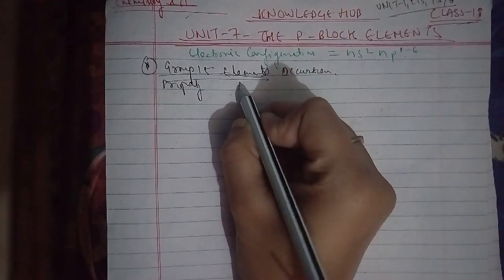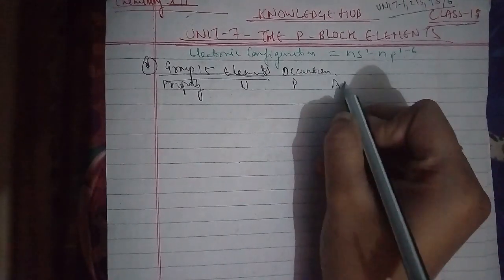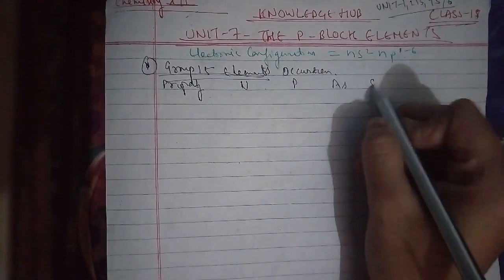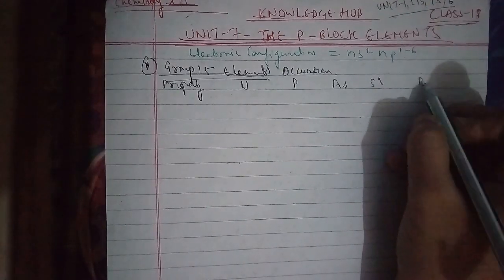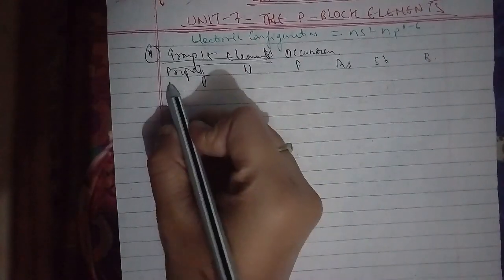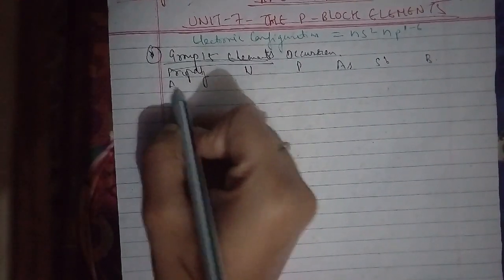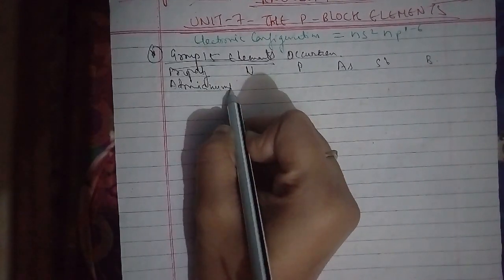The second property is atomic mass. The third property is the electronic configuration. The fourth is ionization enthalpy.